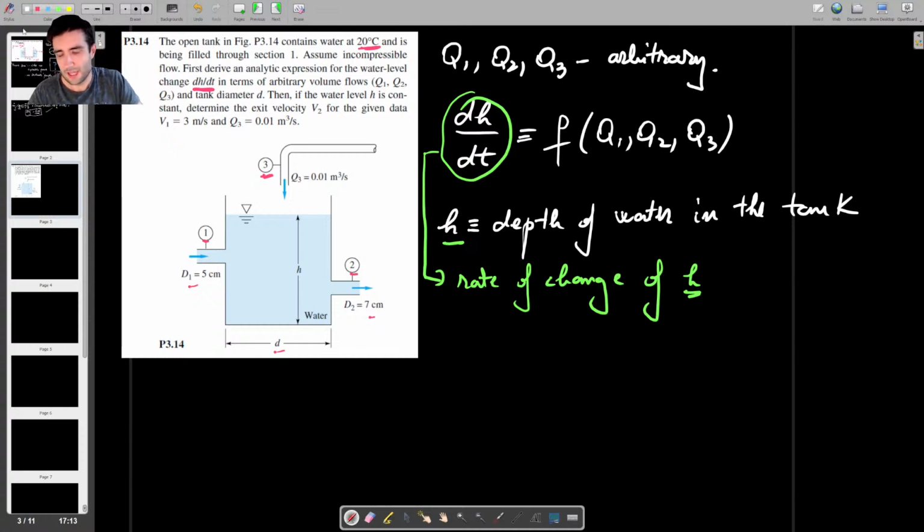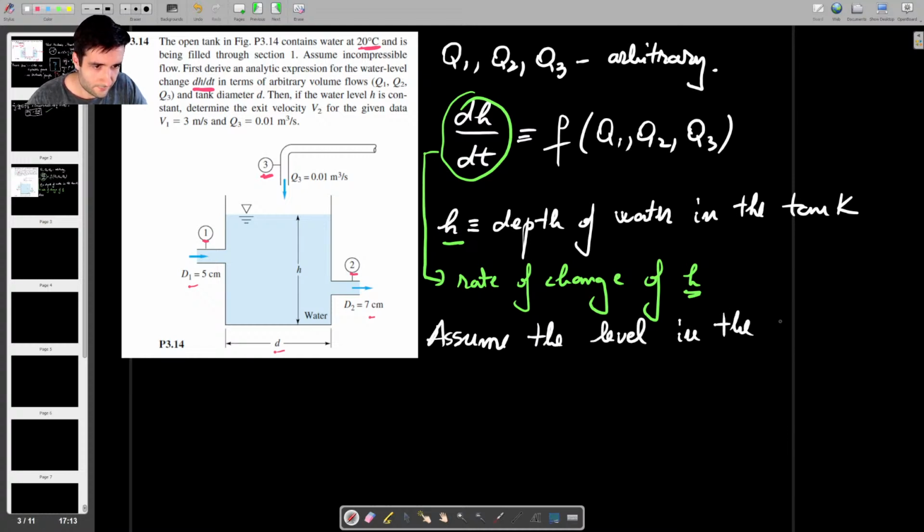So without any loss of generality, I'm going to assume that the level in the tank is increasing with time.